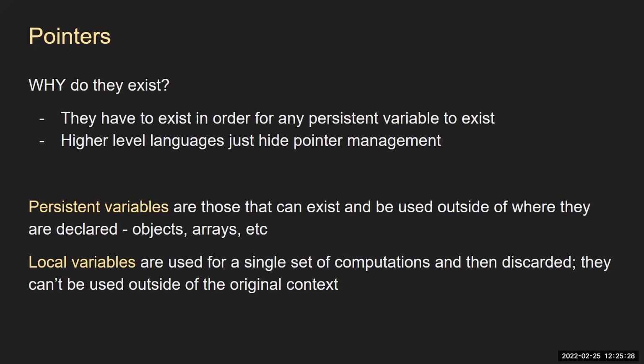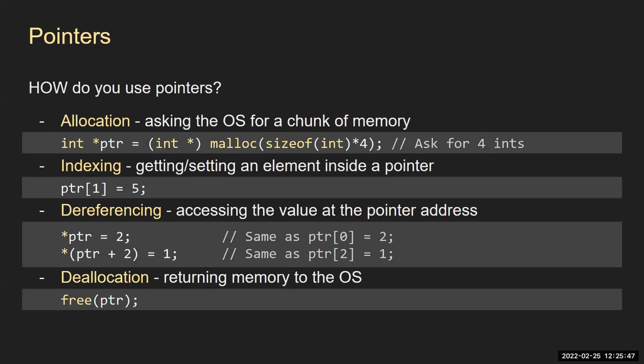It continues to persist and exist. So there's that idea of persistent versus local. Anytime we want something to stick around, we have to allocate memory for it, and that requires the use of pointers, whether we see them or not.